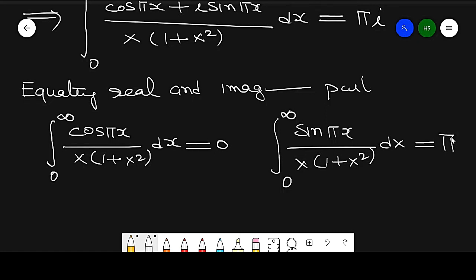In this way we can find the value of this integration. So this is our result.